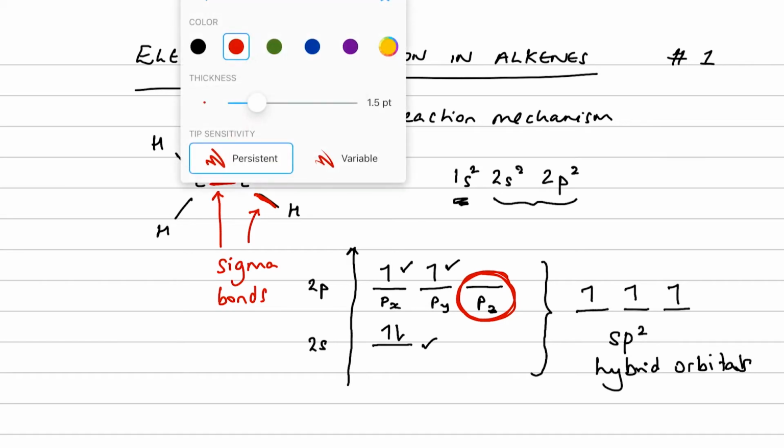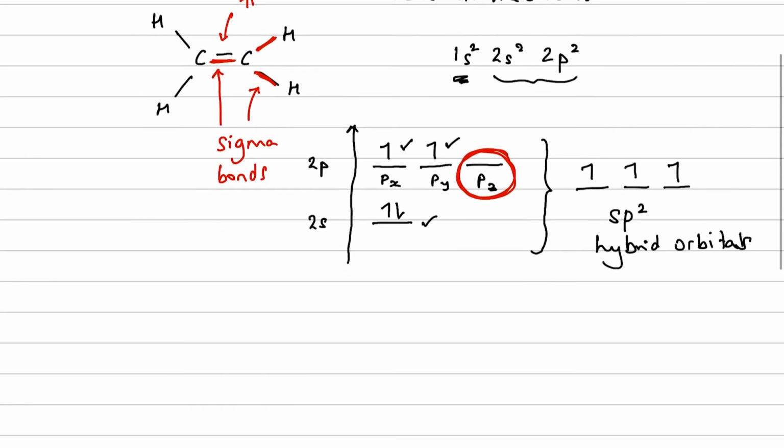So if we were to have a look at that, we've got carbon with its sigma bonds in each case, and then each carbon atom has got 2p orbitals. Remember, those are the general shape of 2p orbitals.